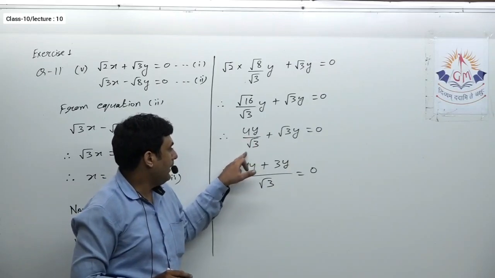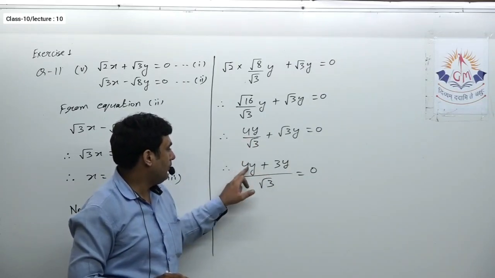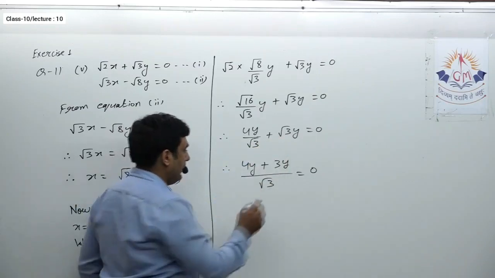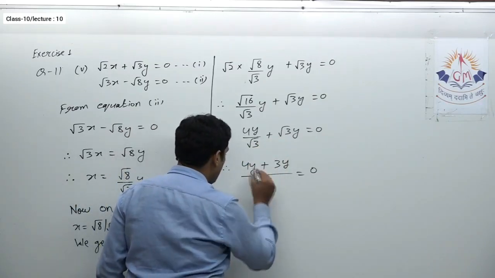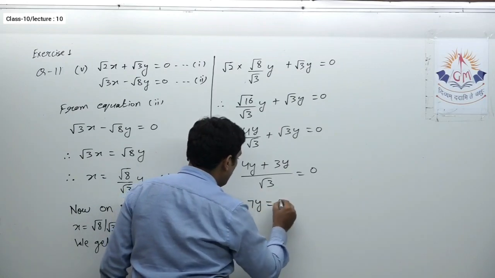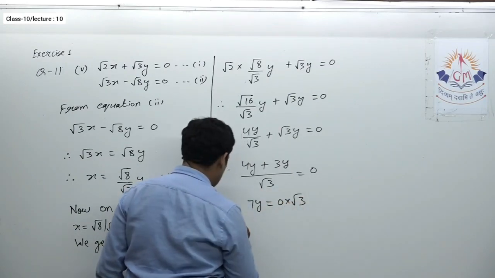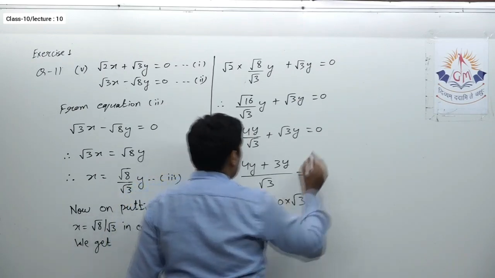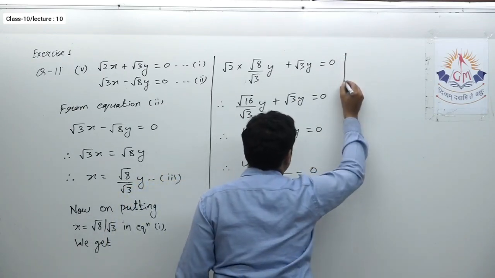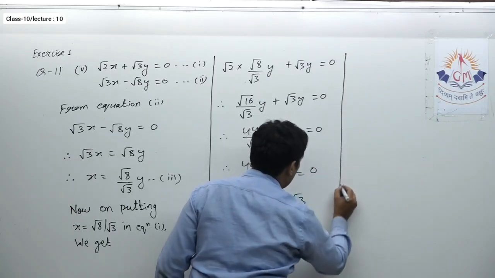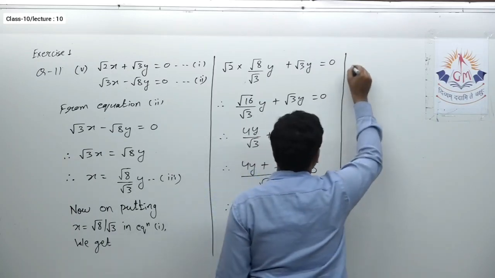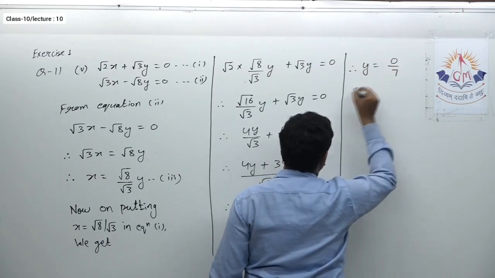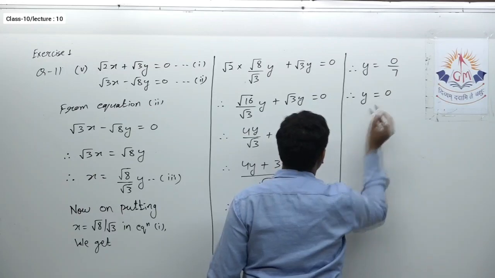So 4y, and when root 3 will multiply with root 3, so 3, so 3y is equal to 0. So 7y is equal to 0 multiplied by root 3. So 7y is equal to 0. Okay, so ultimately I will get y equal to 0 upon 7. Therefore y is equal to 0.